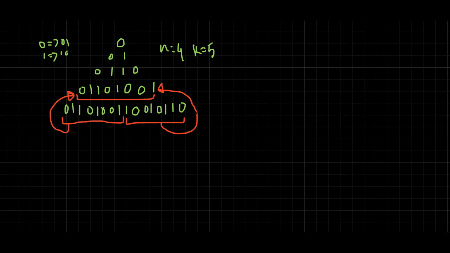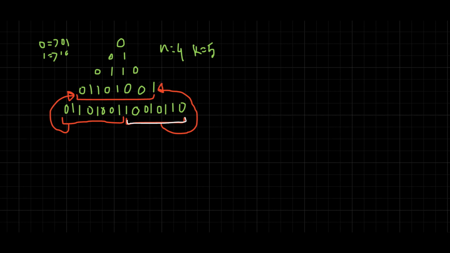For the second half, the value is 1, 0, 0, 1, 0, 1, 1, 0. This 1 is exactly opposite to this 0, this 0 is exactly opposite to this 1, and so on. So we can say that the second half is completely opposite to the previous row. So far, so good.